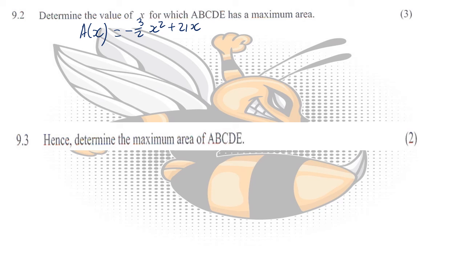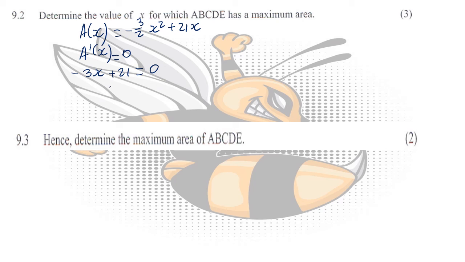And remember when I started this video, a function attains a maximum or a minimum where the first derivative is equal to 0. So we equate the first derivative to 0. The first derivative would then just be minus 3x plus 21 equals 0.